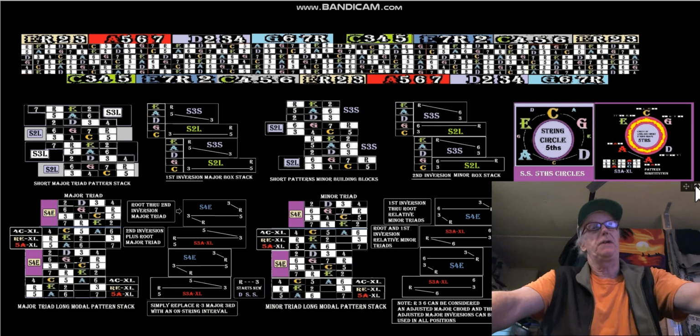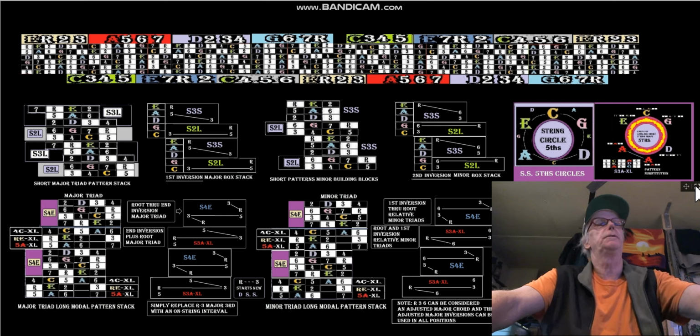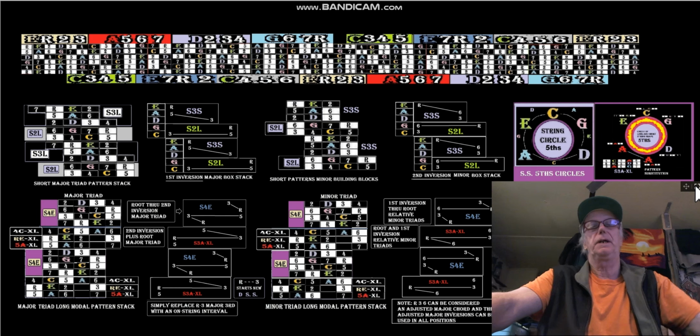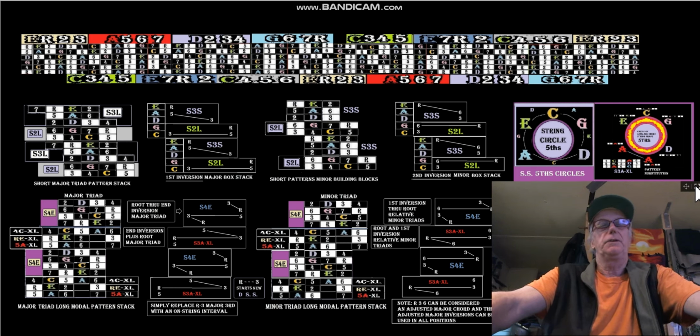And then of course for the half diminished chord, especially the seventh half diminished, remember the seventh of the half diminished is the sixth of the root. So you could do a substitution there, or just add the seventh to the minor second.